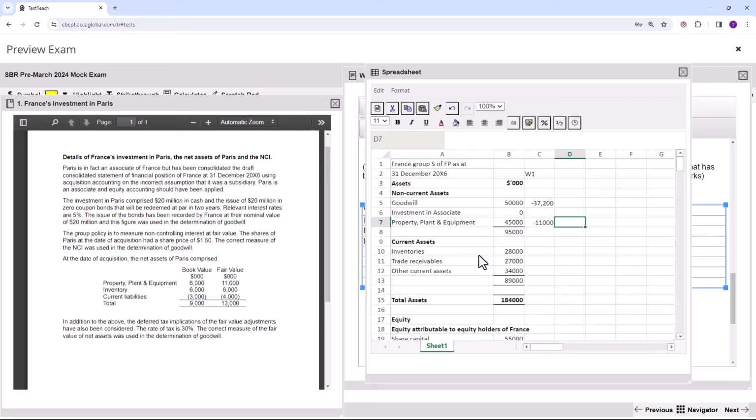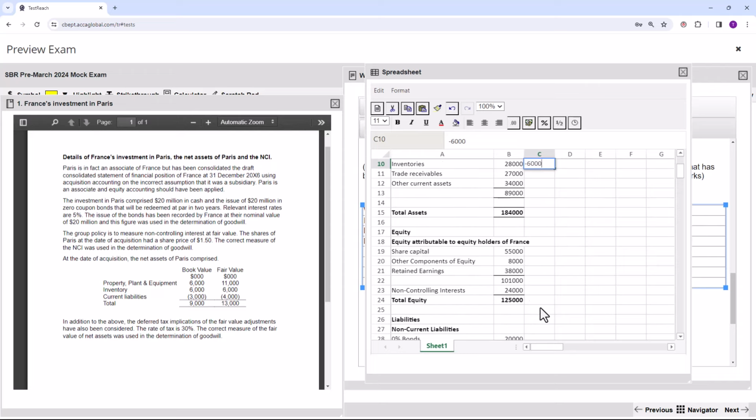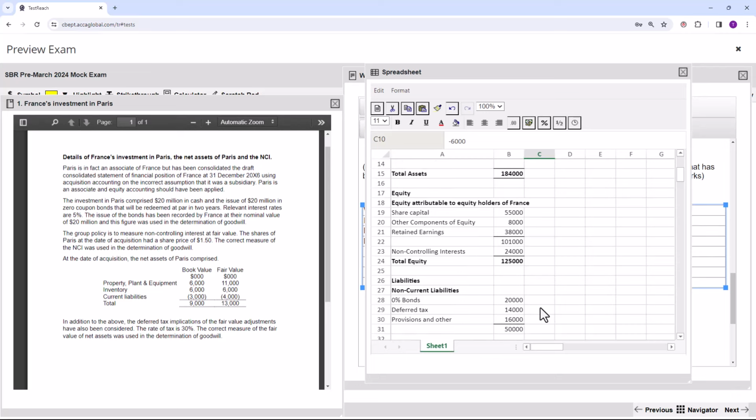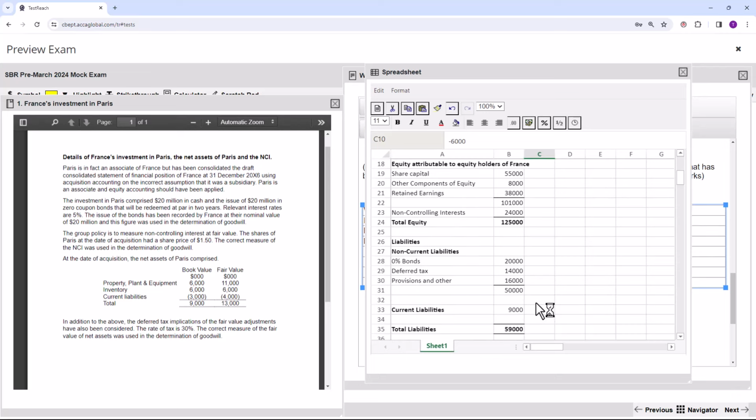We've got to remove the inventory. The acquisition was made on the last day of the year, so that stock still won't have been sold. And we've got to remove the current liabilities. And what I'm doing here is earning myself some easy marks because I think these are low-hanging fruit. I'm just picking them out.